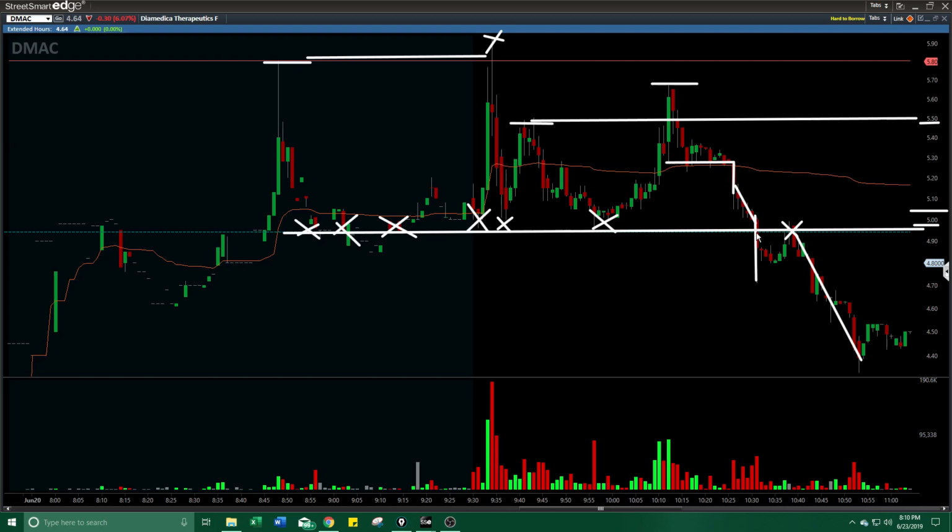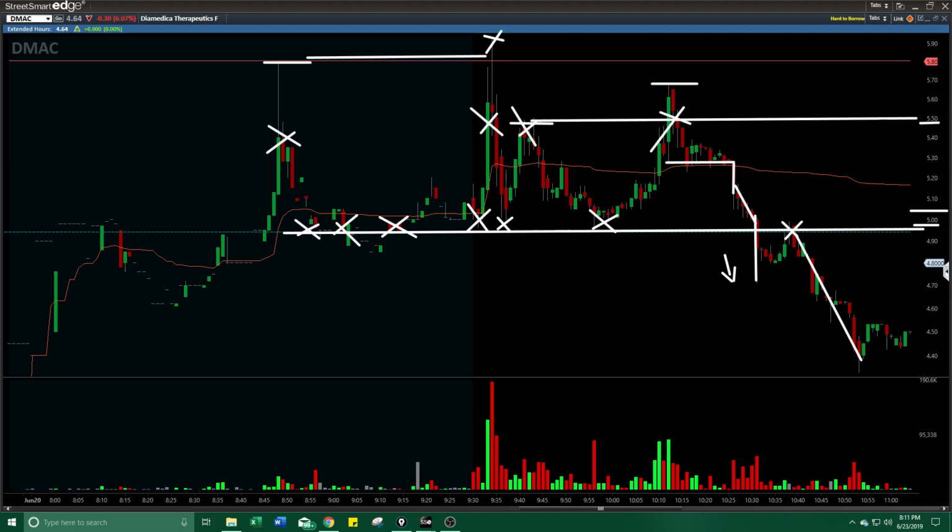On the 7th time, it broke through it and fell down. It was only able to come up to this 5.50 level once, 2 times, 3 times, 4 times. So 7 times it hit support, 4 times it hit resistance. The more times it hits a level like that, like I said, it's going to break through it.